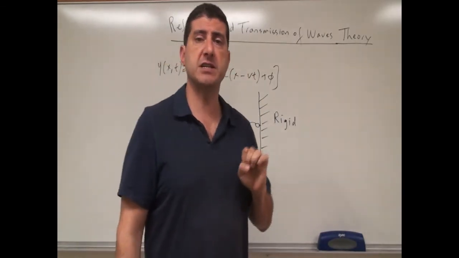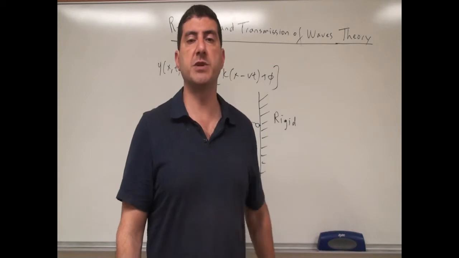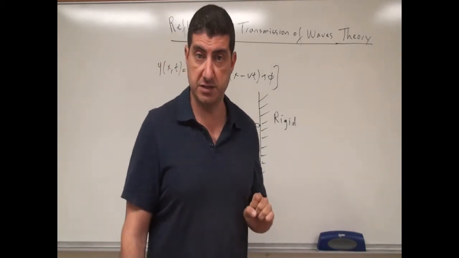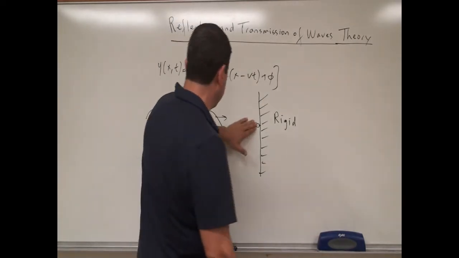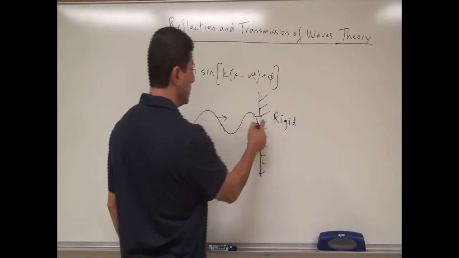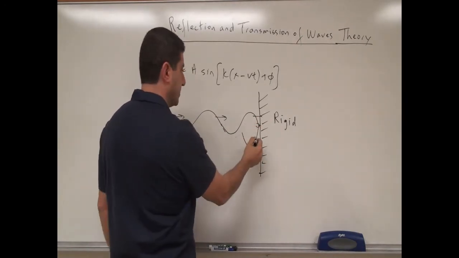The answer is that upon reflection from a rigid boundary, the wave will experience a phase shift of 180 degrees or pi radians. So if the wave is coming as a peak, then upon reflection, the wave will turn into a trough.